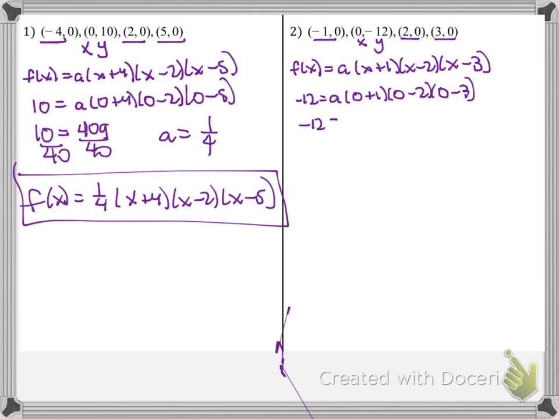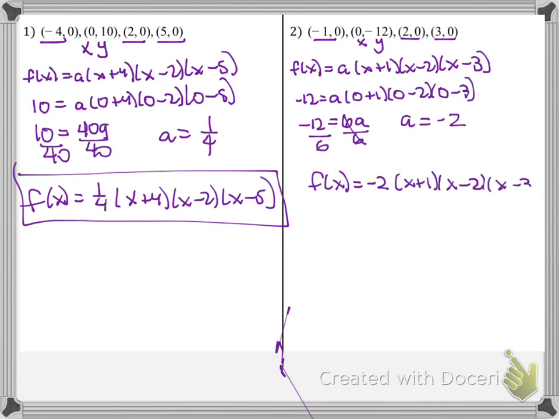This is -12 equals, negative times negative is a positive 6, so 6a divided by 6. So therefore a equals -2 in this case. So this one is f of x equals -2 times (x plus 1) times (x minus 2) times (x minus 3).